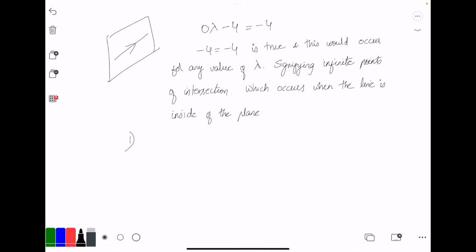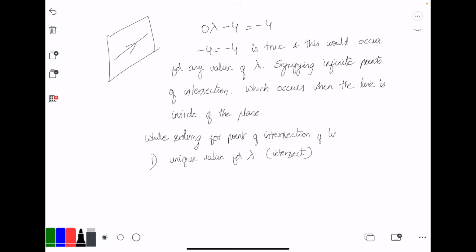So, while solving for the point of intersection of a line and a plane, if we get a unique value for lambda, they intersect.